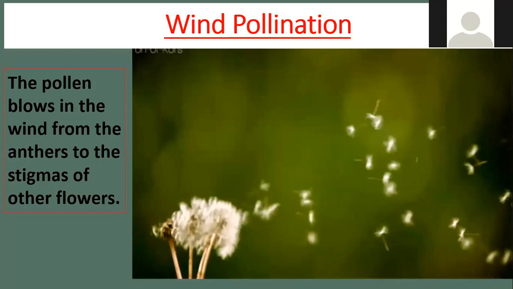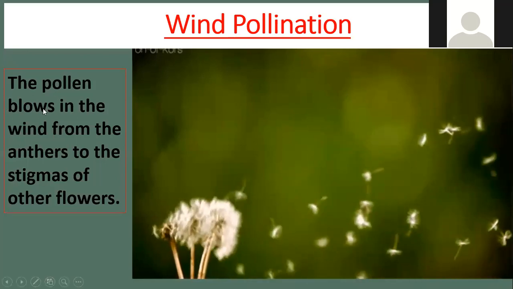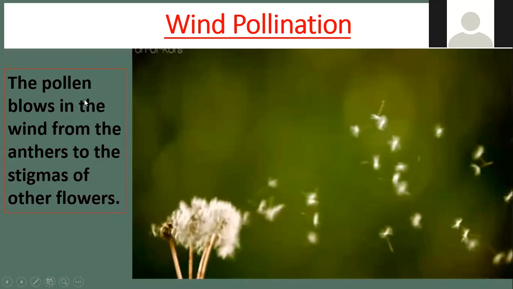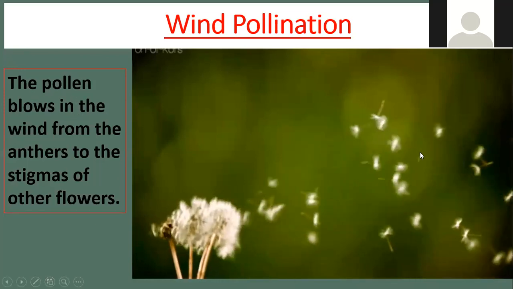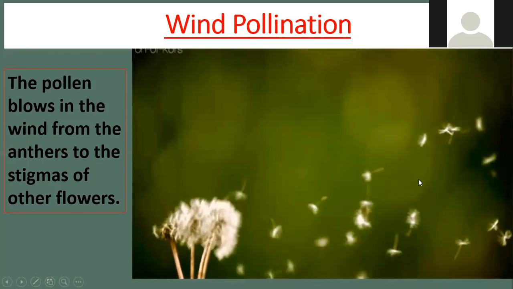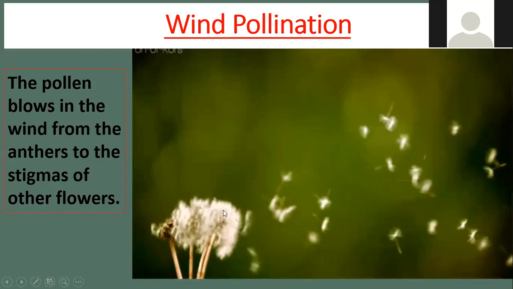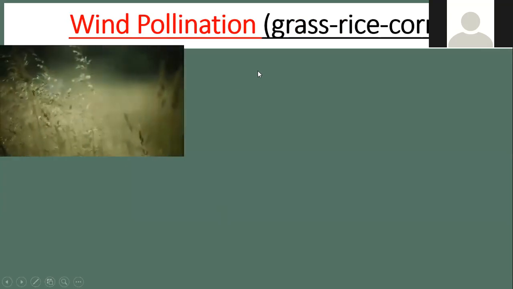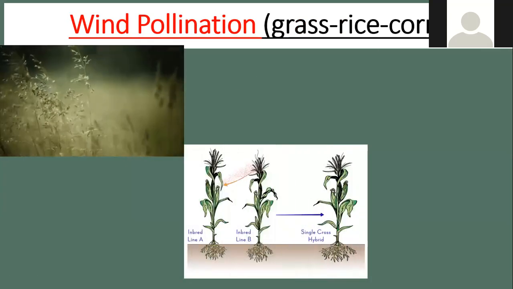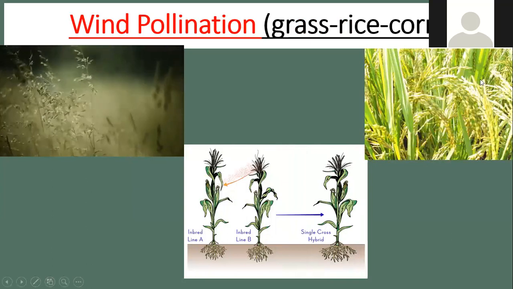Number four, we have, this is from nature, wind pollination. In wind pollination, the pollen blows in the wind from the anthers to the stigmas of other flowers, as you can see. This happens in some special kinds of plants, like grass, like rice, and like corn.